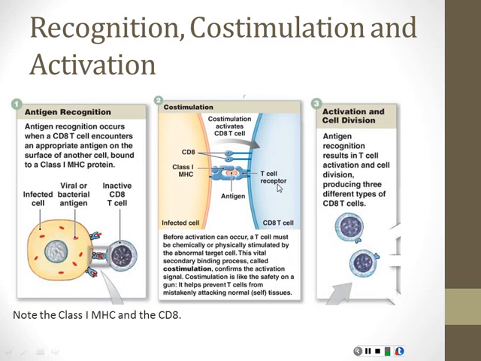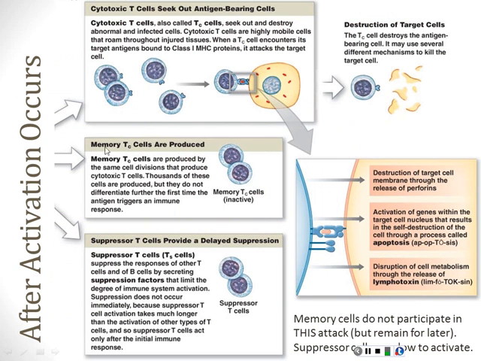And then once it turns on, this T cell's life is about to change because now it's become important. Instead of just looking for its antigen, now it's part of an immune response. So the first thing that T cells and B cells do when they're activated is they start dividing. So they make many copies of themselves. And those copies are not all the same.